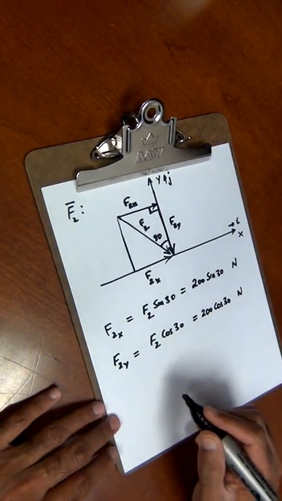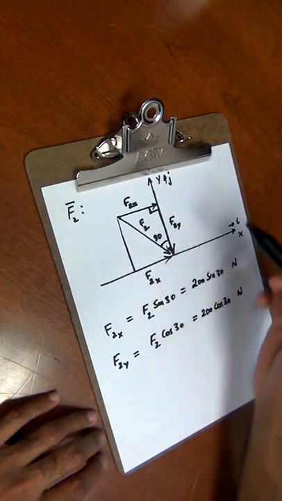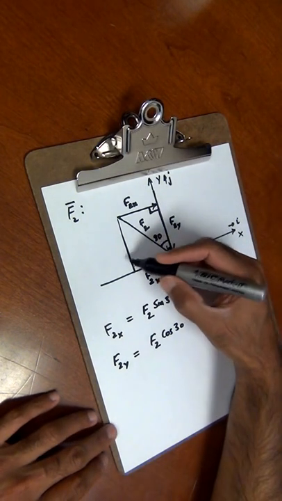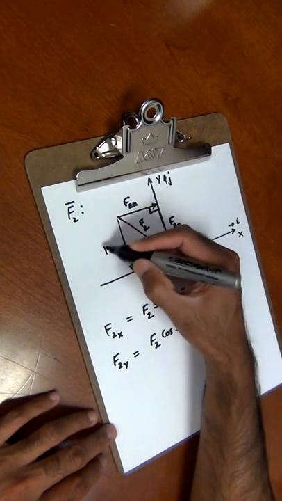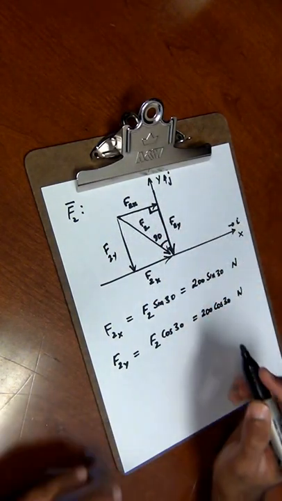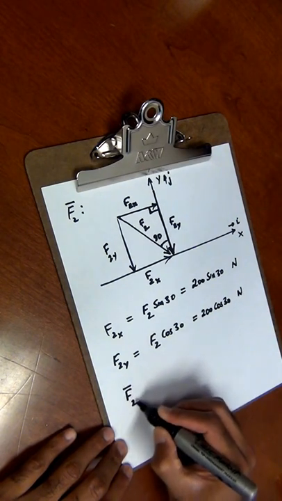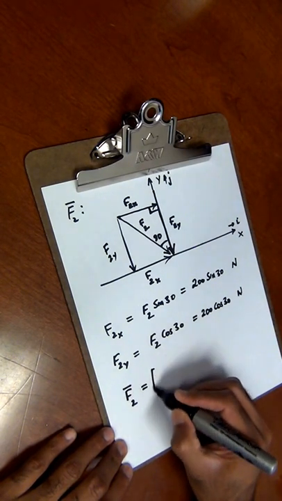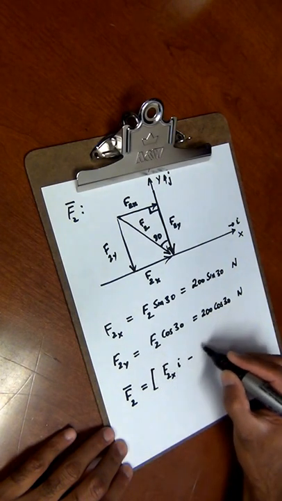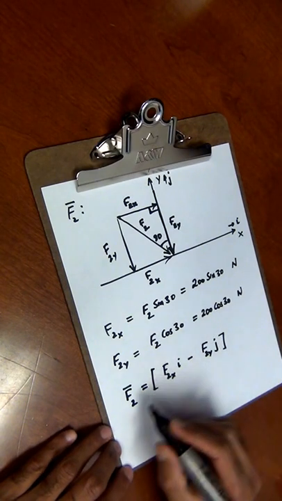But the important thing is this: the force vector F2x is along the positive x direction, but you can see that F2y is pointing along the negative y direction. As a case in point, I can draw F2y here as well, and you notice that it is pointing in the negative y direction, which means that vector F2, if I write it as a Cartesian vector, is going to be F2x i minus F2y in the j direction.